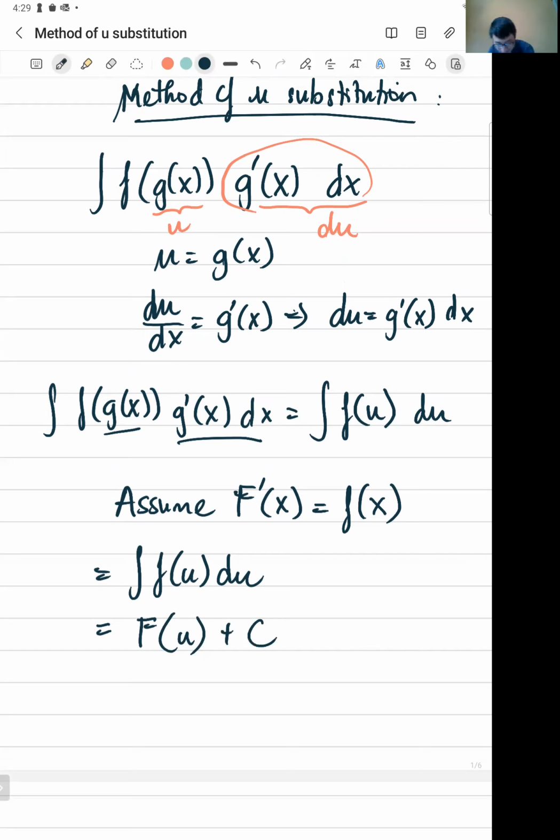Am I finished yet? The answer is no. I have to substitute u back to g of x. That's the general idea of u-substitution. You got the idea, good, you're good to go.